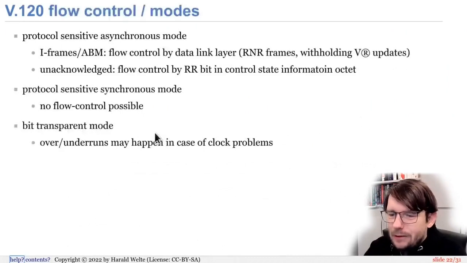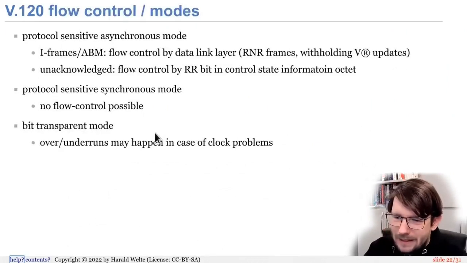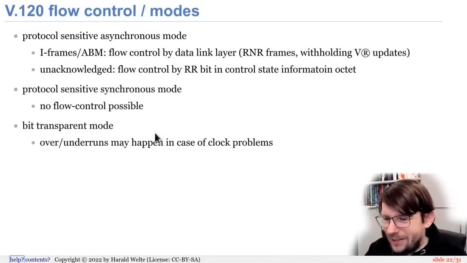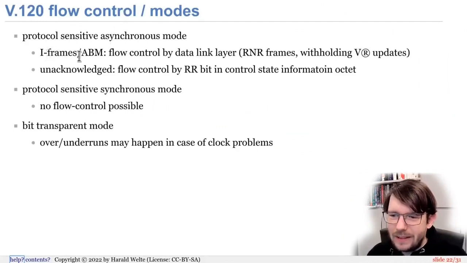It has a couple of different modes it supports to transmit. There is the protocol-sensitive asynchronous mode, the protocol-sensitive synchronous mode, and the bit-transparent mode. And in the protocol-sensitive asynchronous mode, it uses I frames and asynchronous balanced mode, meaning that we have the data link layer.